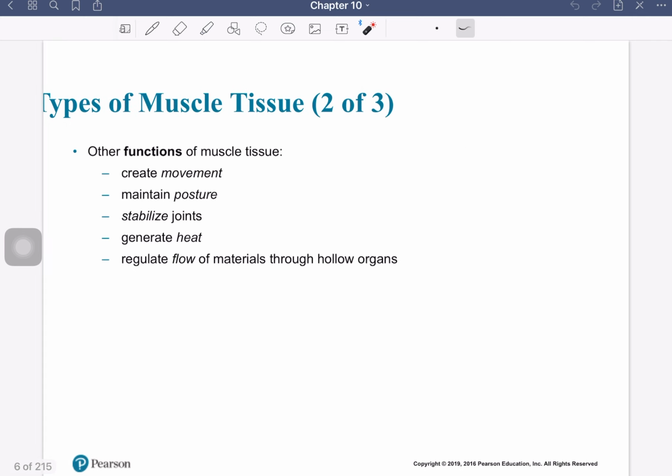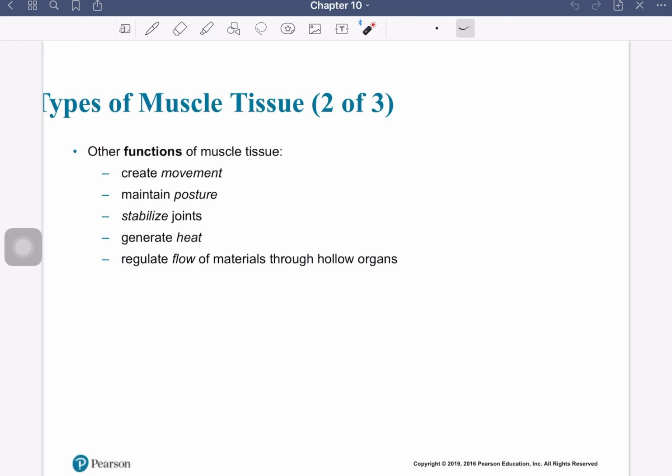Now, there's other functions when it comes to muscle tissue. Of course, by generating this force, we can create movement. We also help to maintain posture. Often we think muscles are always about movement, but they also have a big role in postural stabilization.